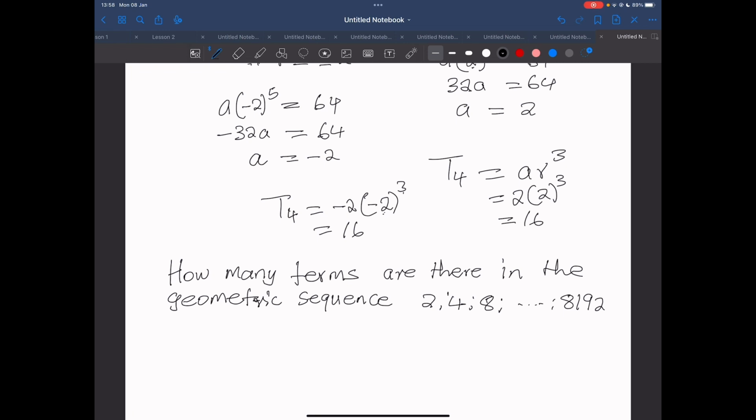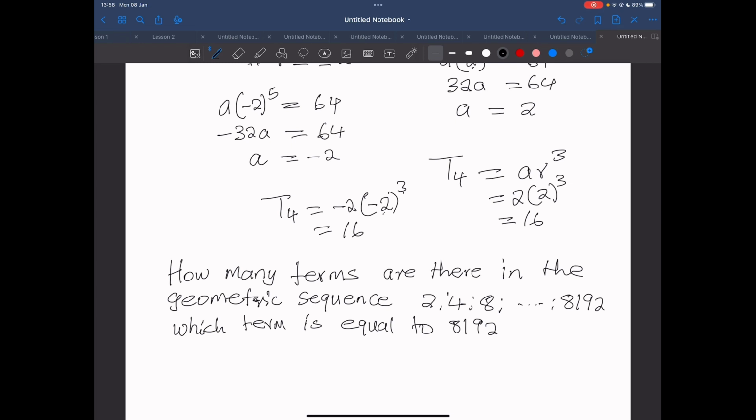The same question can be asked like this: which term is equal to 8192?